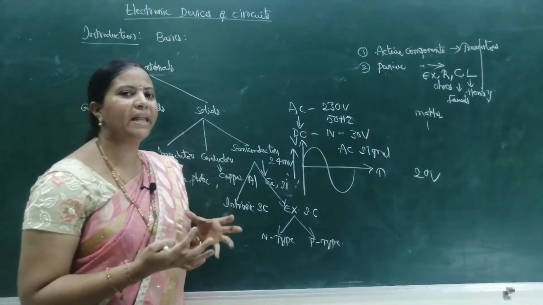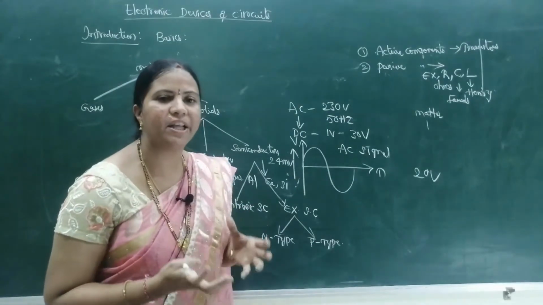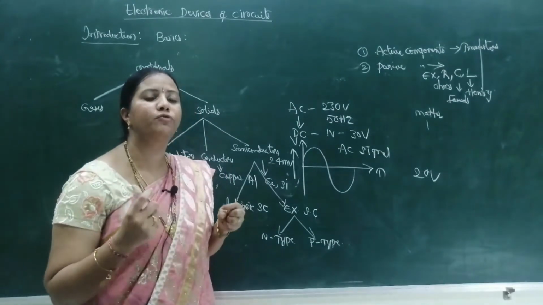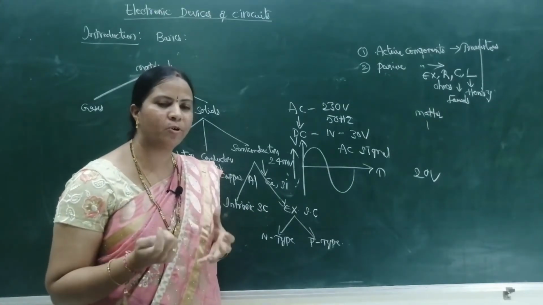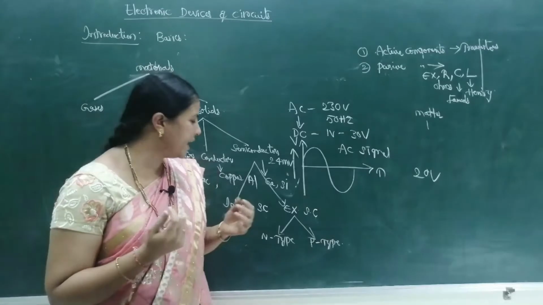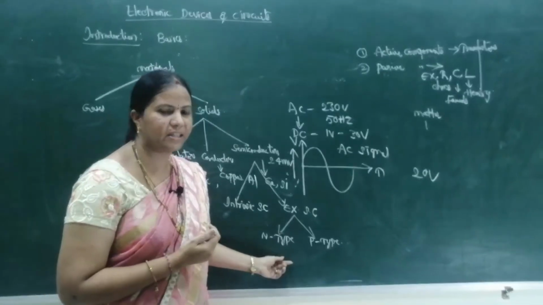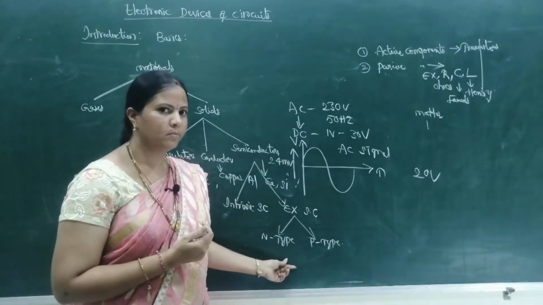Pentavalent impurities means adding fifth group elements, like arsenic, antimony, bismuth, like that. Adding those to the pure semiconductor gives N-type semiconductor. Okay na?